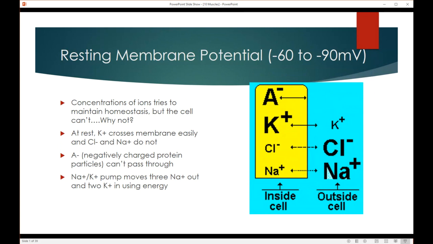I'm just going to switch to a whiteboard real quick. So when we have our cell, sorry, it's a terrible drawing. The cell, we always say, is okay. And that's because within the cell, we have a lot of potassium.